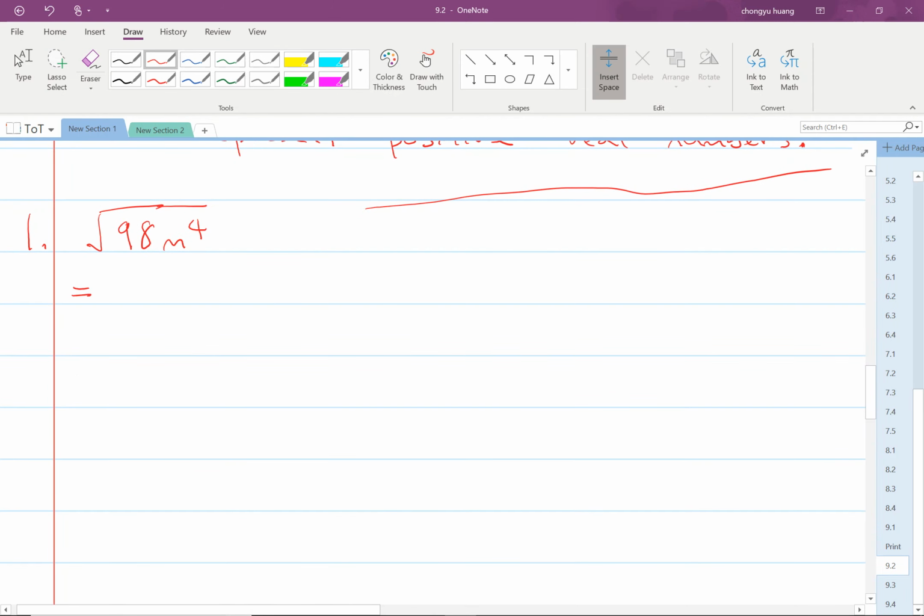The first question we have is a square root, and inside we have 98 m to the power 4.